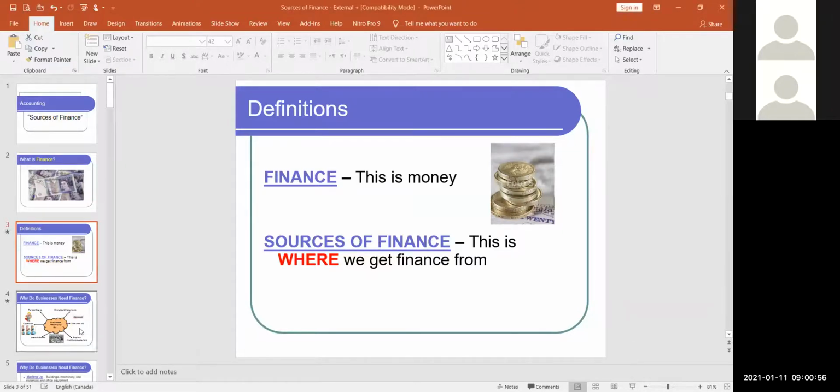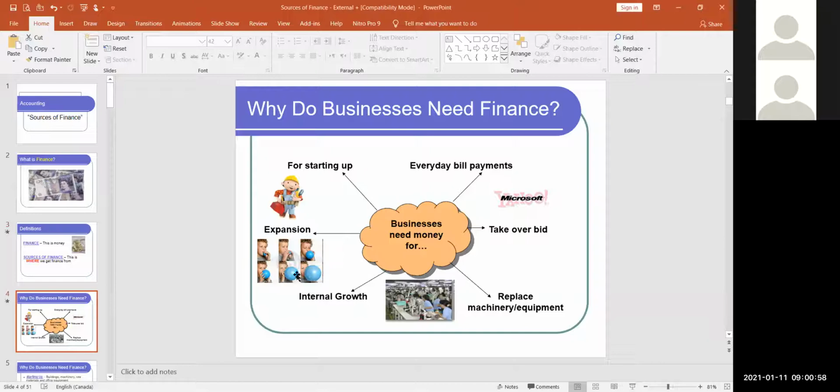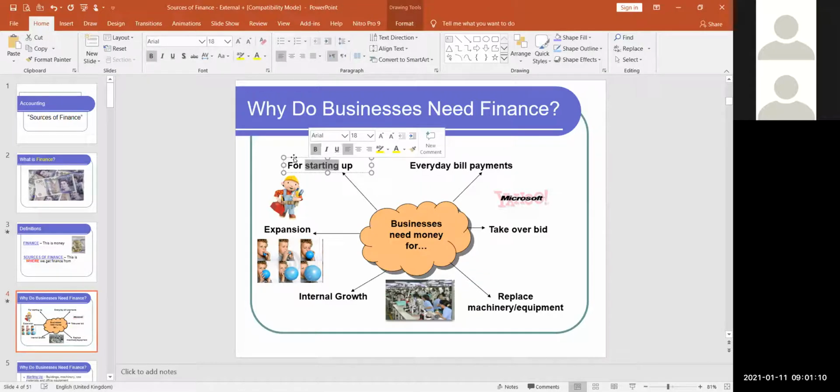All right. So this is a mind map for why businesses need finance. Number one, to start up. We're still starting up the business. We still didn't sell anything. We still didn't produce anything. So we're just starting up.